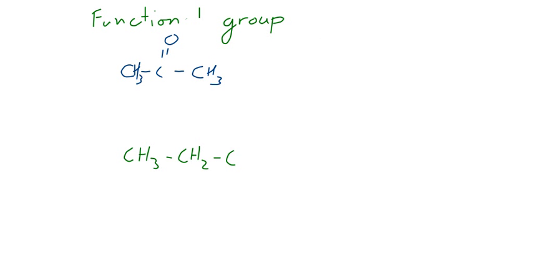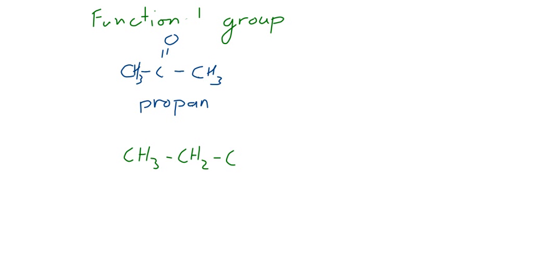So if I look at this structure and I name it, there's 1, 2, 3 carbons in there. So again, it's propane, because the AN refers to only single bonds between my carbons.